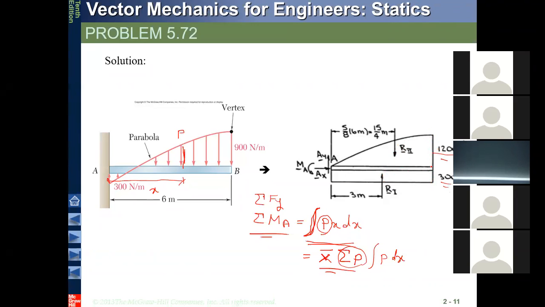This is the direction of this load, and this constant distributed force is acting upward. So if you sum these two forces, you're going to have 900 for one endpoint, for point B, which is 1200 minus 300.